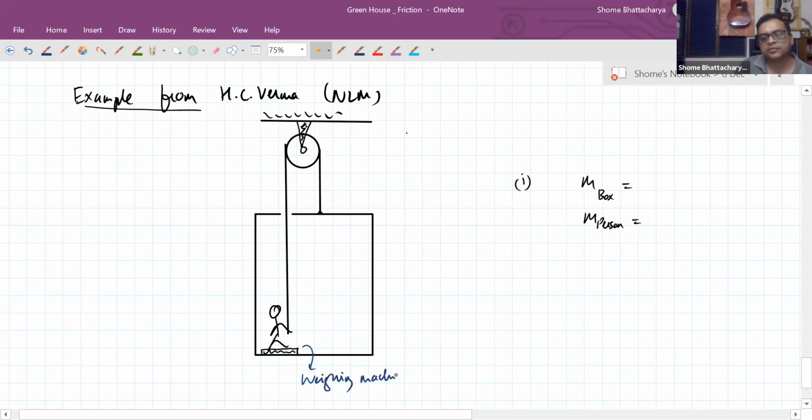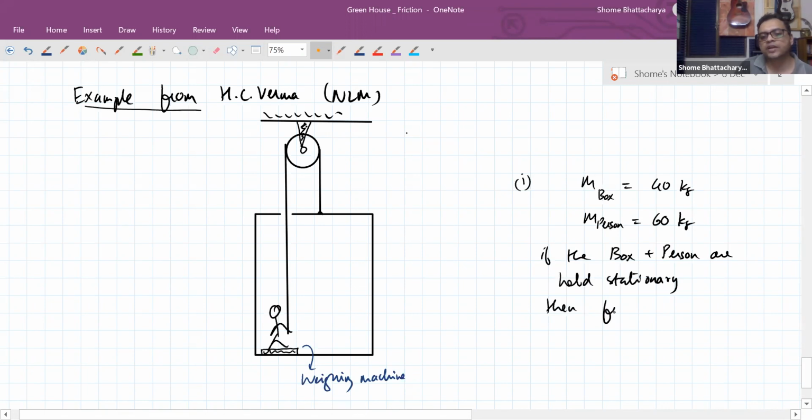Okay, so this is a weighing machine. If I'm not mistaken, I have to check the book again, but I think this is 40 kilograms and this is 60 kilograms or something like this. Okay. So in the first part, if the box plus person are stationary, then find the reading in the weighing machine.